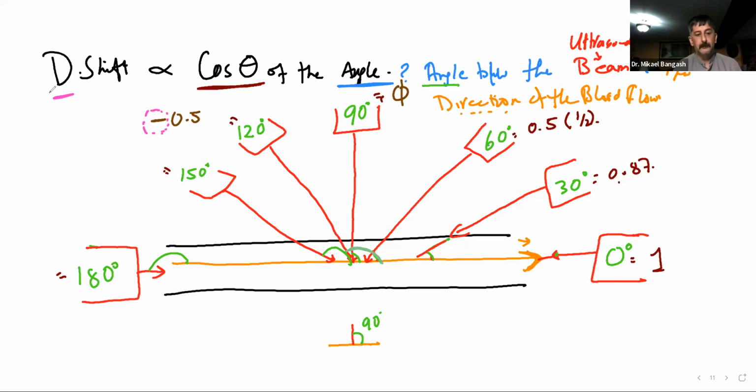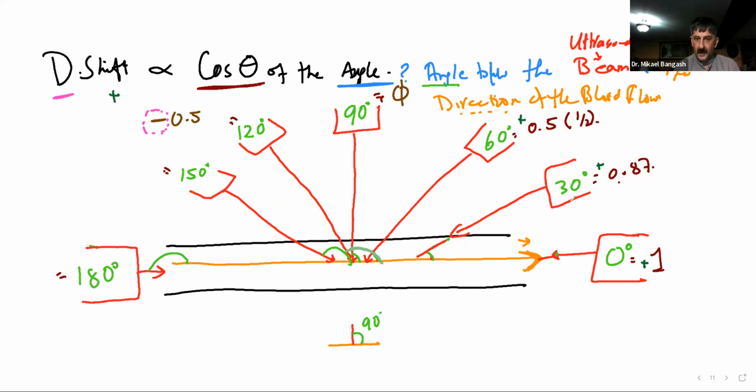Why negative? Because you're scanning from up here, for instance, and the blood is flowing away from the transducer. Your transducer is here and the blood is flowing in this direction. That's why all these values here were positive.